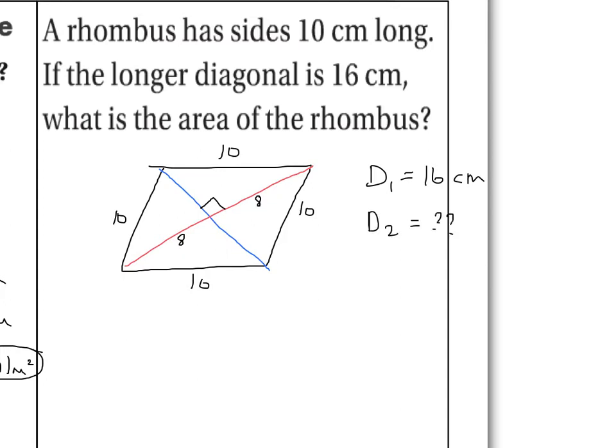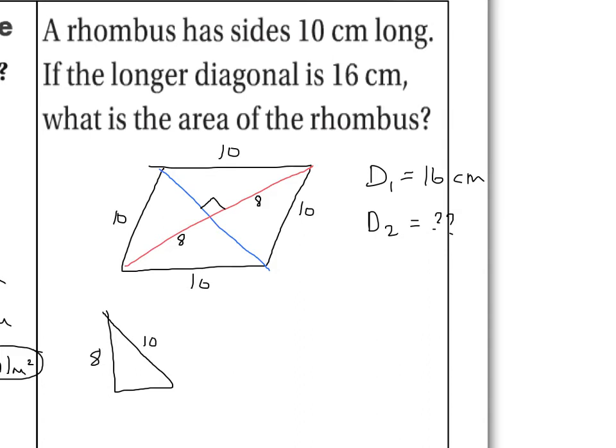But if you look at your shape here, you'll see that you have a right triangle with two known sides, and you could use any one of the triangles you want. I'm going to redraw this triangle here. This is the blue line. The red side of the diagonal here is 8, and the hypotenuse is 10.